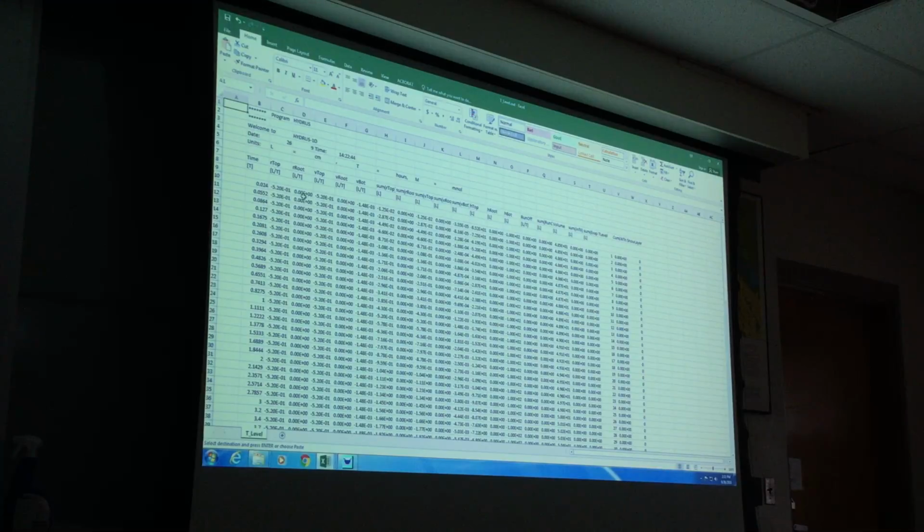Age top here. So we want to copy the time step.